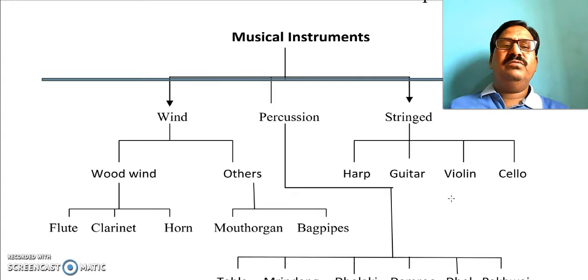You can observe the musical instruments are mainly classified in three groups. The first group is wind musical instruments, percussion musical instruments, and stringed musical instruments.